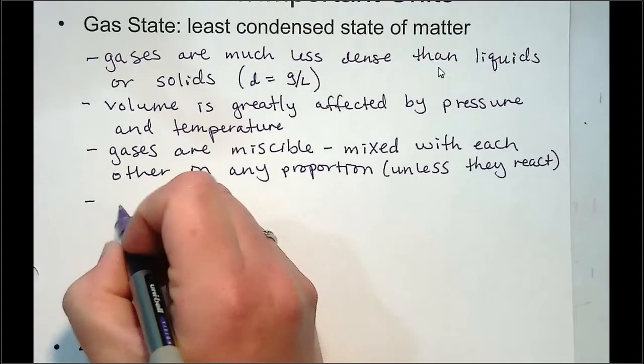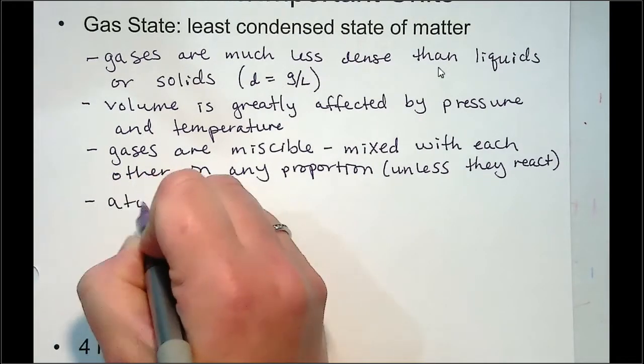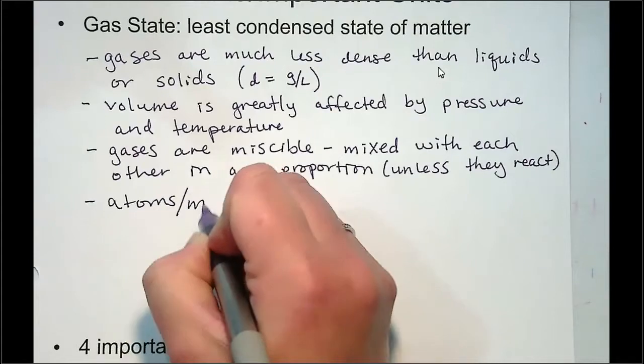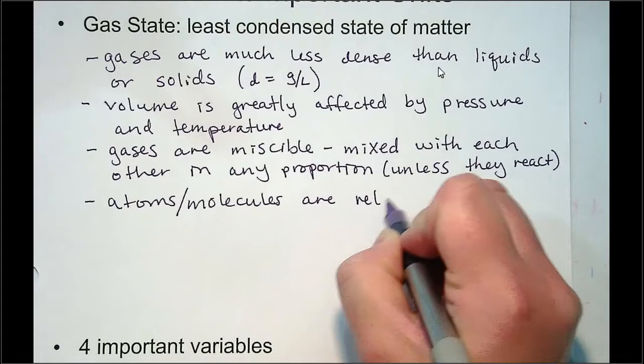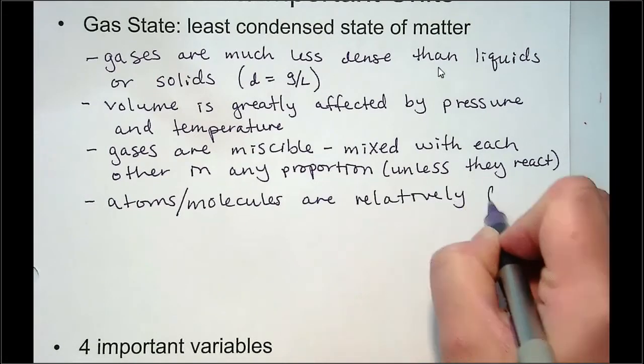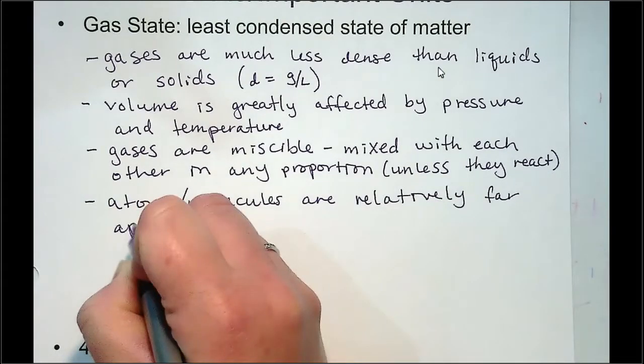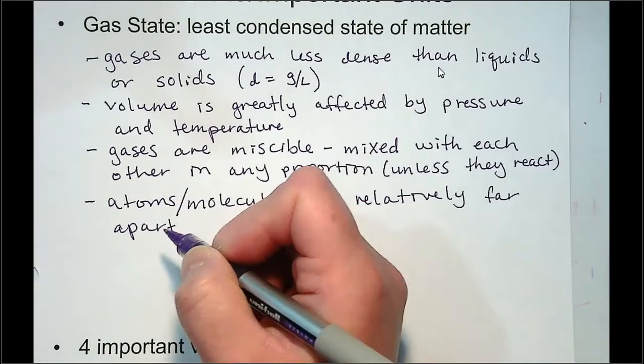I would say that the most important thing here is that the atoms or molecules are relatively far apart. So if they're not very close together, that means that they don't interact with each other very much.